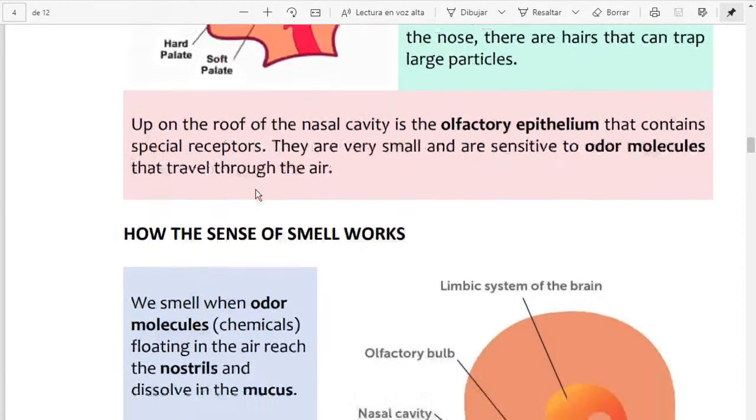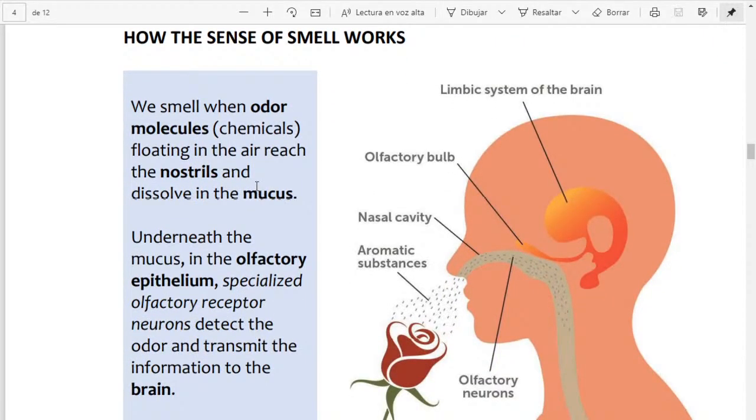And then, finally, how the sense of smell works. Pay attention. First, remember, we need something to smell. You can smell anything as long as this thing is able to emit particles, and these particles are in the gas, and they enter your nasal cavity.